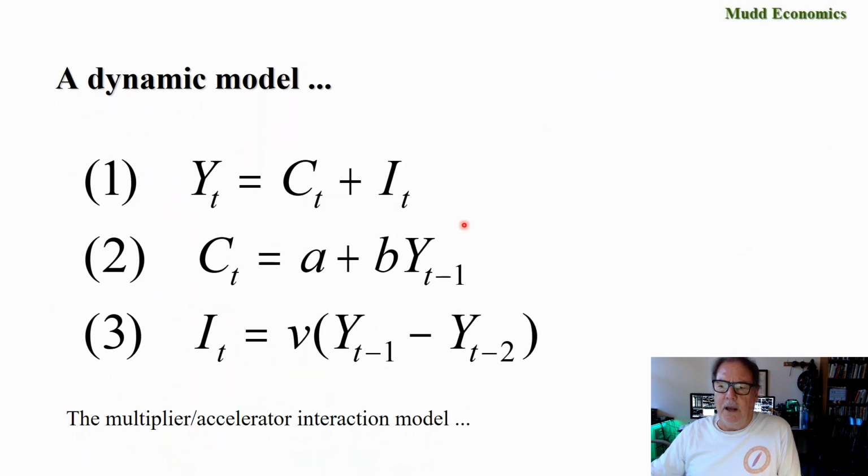We still have a consumption function, but you can see that consumption at time t is a function of income earned in the previous period, income at time t minus 1. And investment is going to be equal to some coefficient times the spread between Y(t minus 2) and Y(t minus 1).